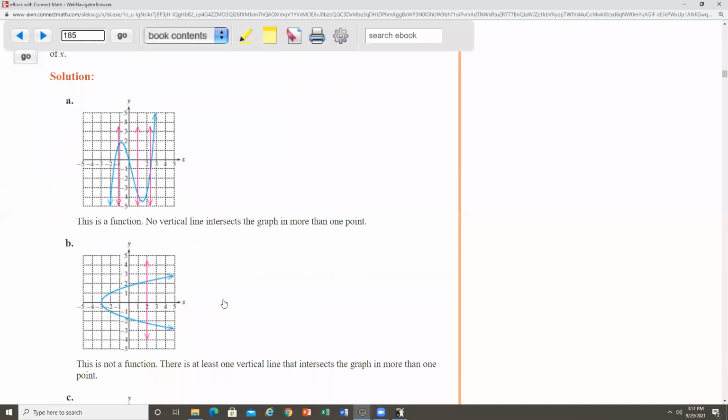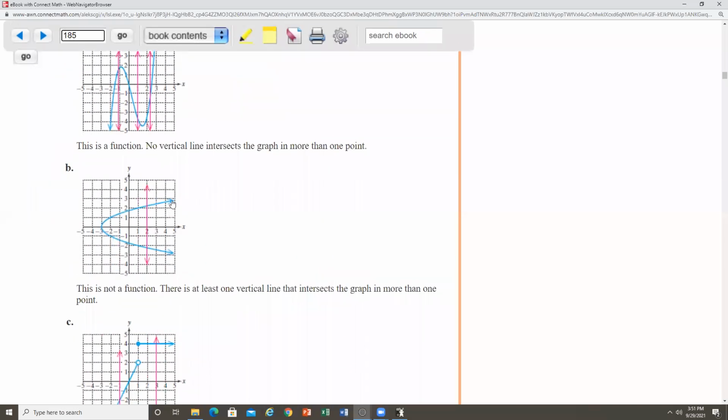Let's look at B. We have the graph of a relation, which is like a parabola that opens to the right. Ladies and gentlemen, is this relation a function? Does its graph pass or fail the vertical line test? It fails the vertical line test, because notice you can put a vertical line right here, and you can clearly see that that vertical line is intersecting the graph at more than 1 point.